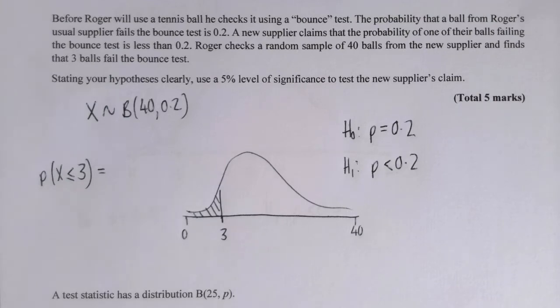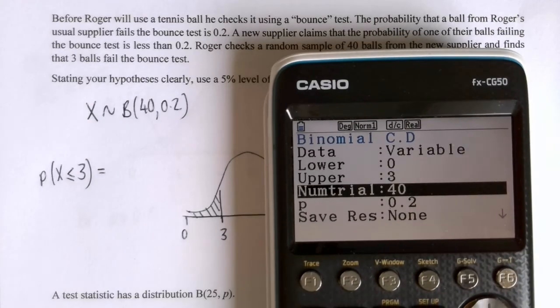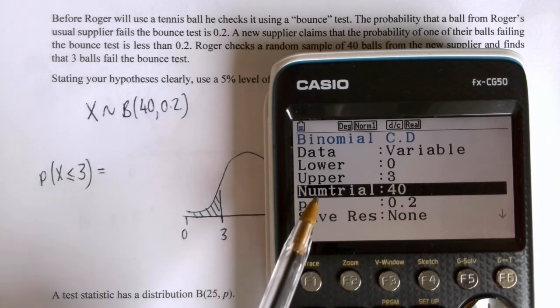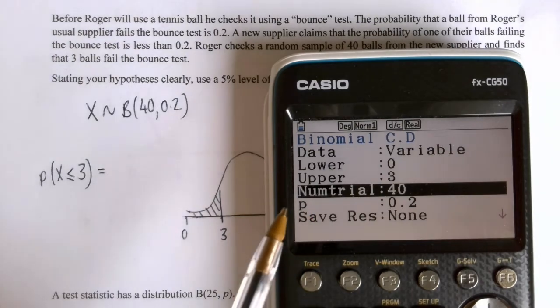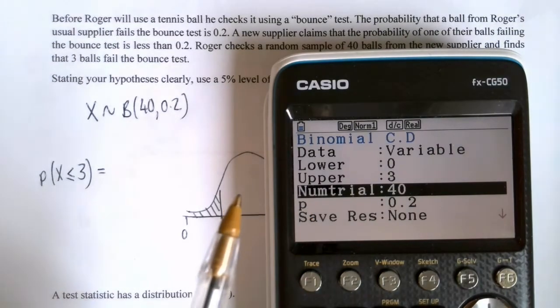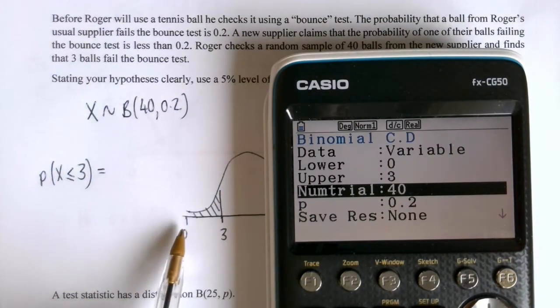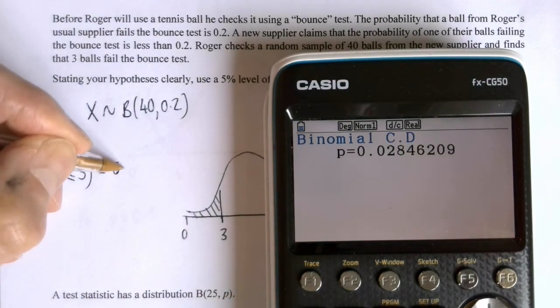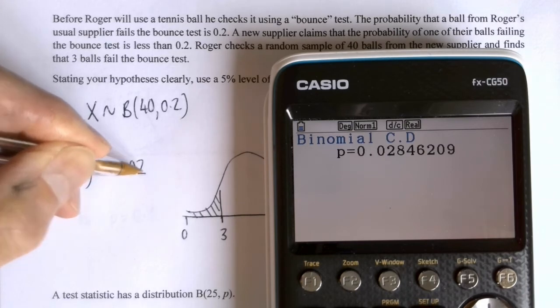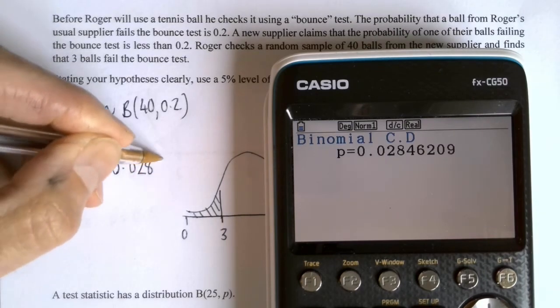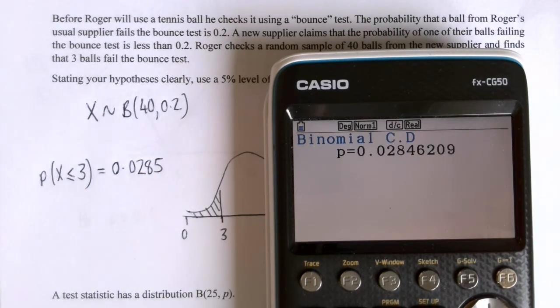So here's my calculator set up for it. So I've got number of trials is 40, probability of success 0.2, although of course success is the ball failing, slightly hard to get your head around. Probability from 0 to 3, 0.0285 to 4 decimal places.